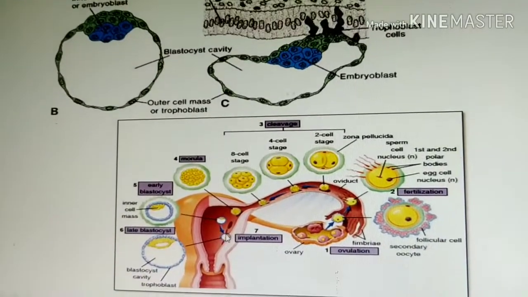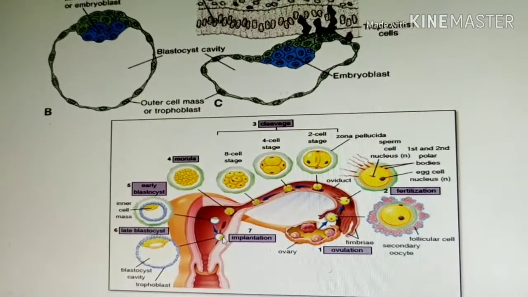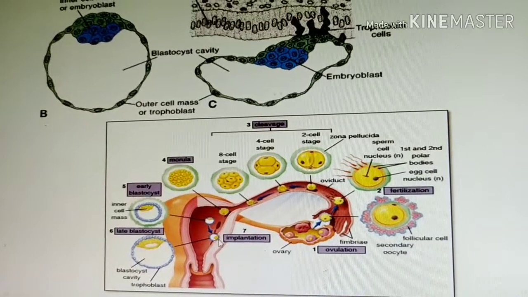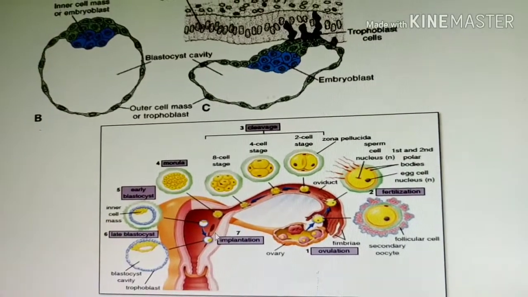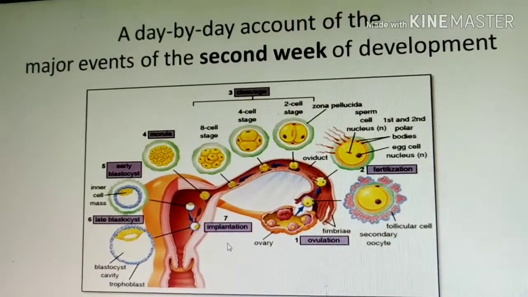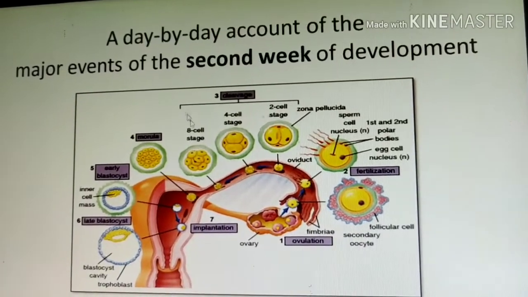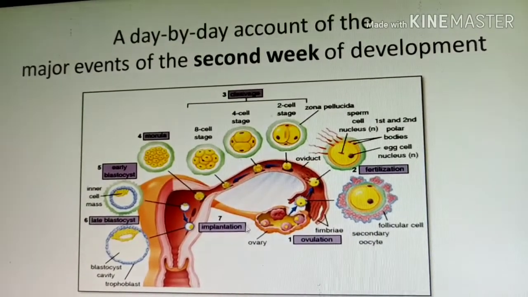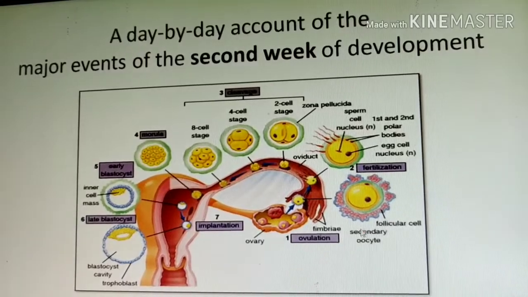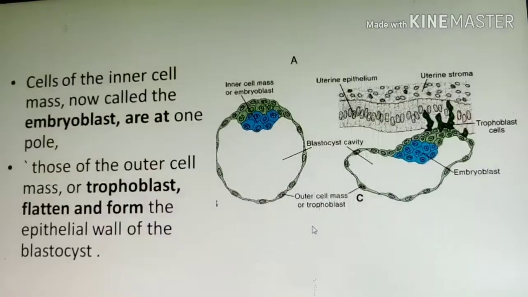So this is the uterine cavity, and the blastocyst gradually embeds in the functional layer of the endometrium. Day by day, different major events occur in the second week of development.